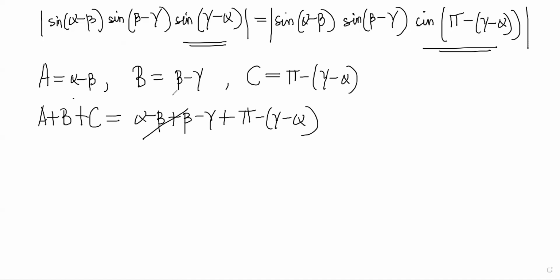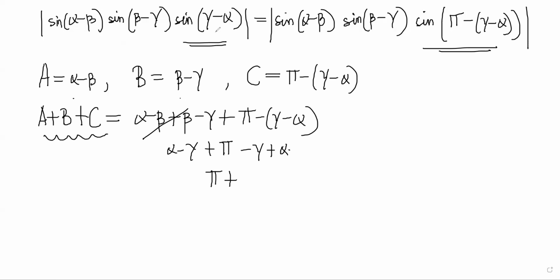Alpha minus beta plus beta minus gamma? Correct. So you have alpha minus gamma plus pi minus gamma plus alpha. You have pi plus. Okay, I wanted to rearrange this in such a way that we can end up with a pi. A plus B plus C is pi. Okay, so let's see if we have made some mistakes somewhere so that we can work it out.